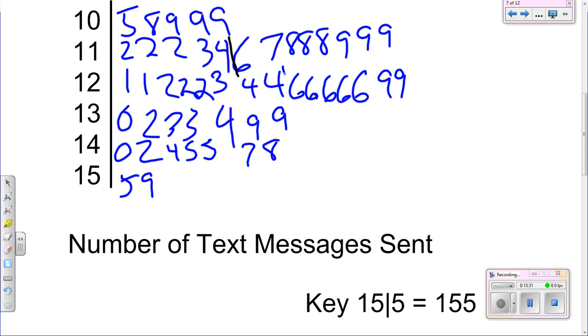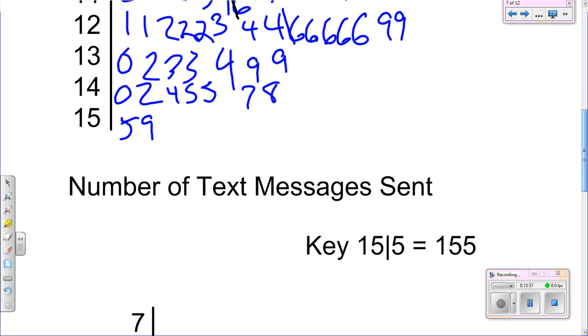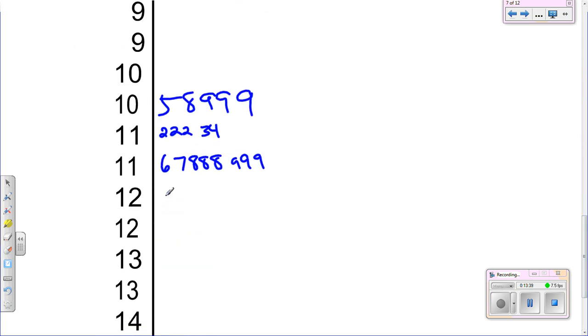Then our 2s getting cut off here. So it's 2 1s, 3 2s, a 3 and 2 4s.